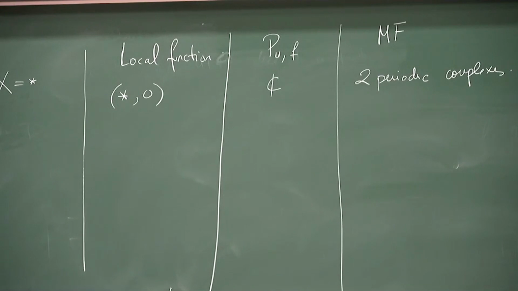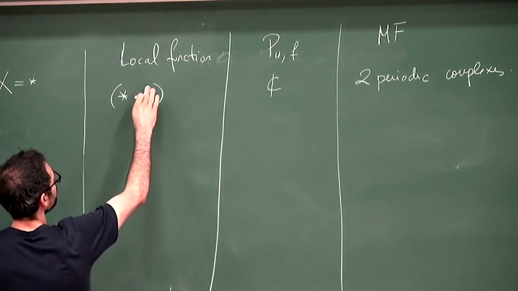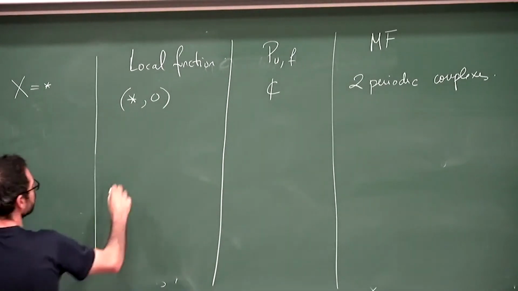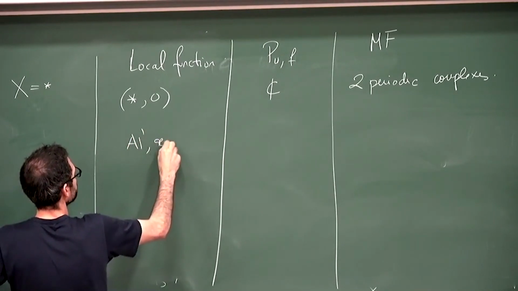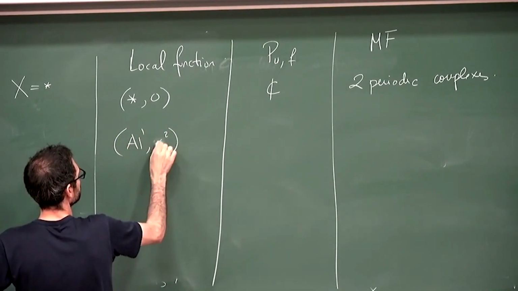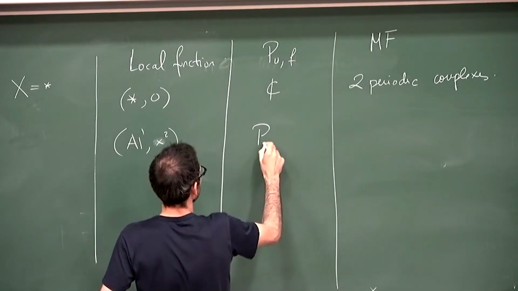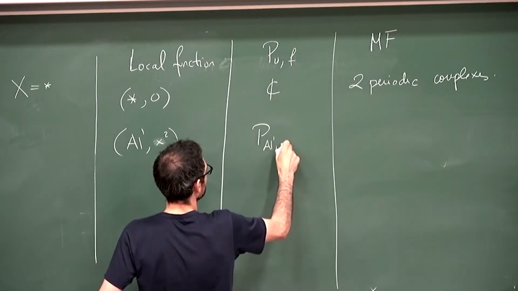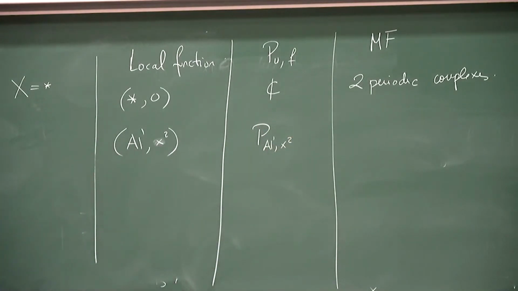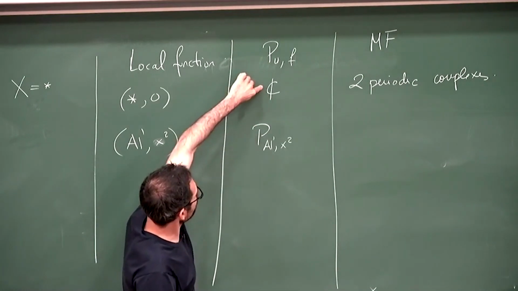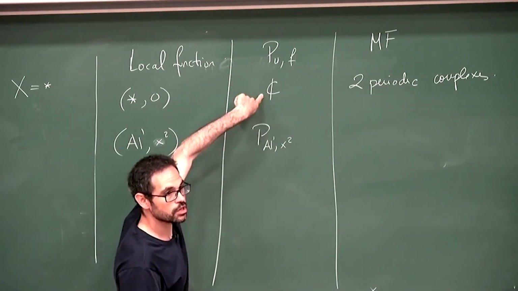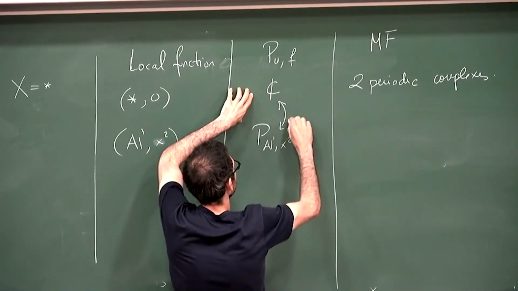Another example of a local function that gives me the same critical locus would be A^1 with the function x squared. In this case, the perverse sheaf I would find is of dimension 1, so it's a priori isomorphic to this, but non-canonically.